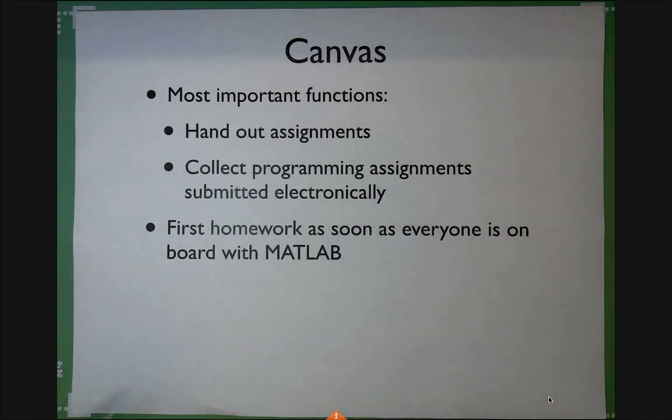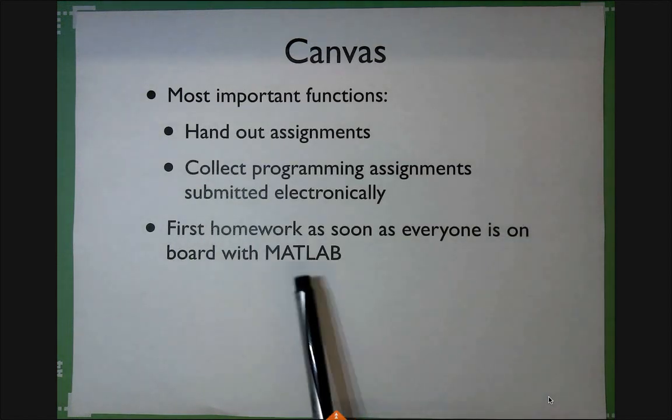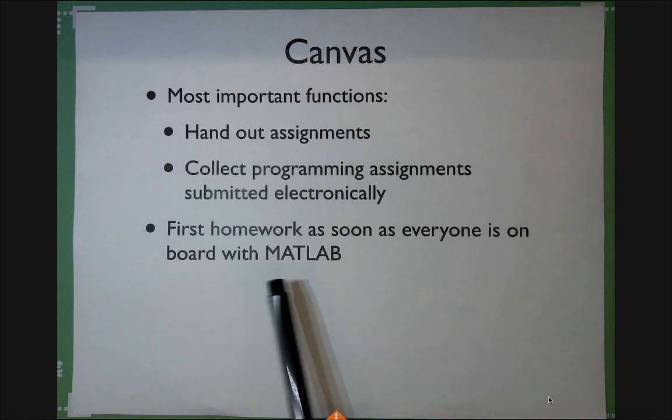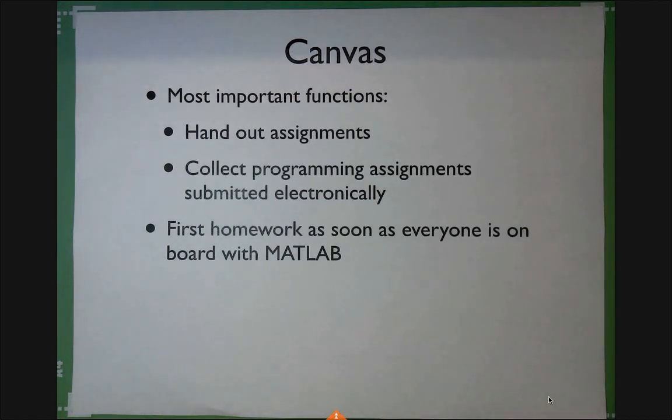And then you submit all your Matlab scripts and reports and so on for every homework. There will be, of course, a PDF document which will describe what you need to do and what you need to submit. And that's what you submit back on Canvas. I think we hopefully can start on Friday, as soon as everybody has successfully installed and run Matlab and is able to compute 1 + 1 in Matlab.